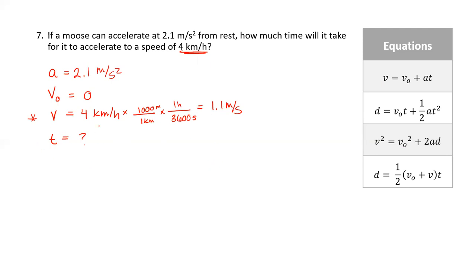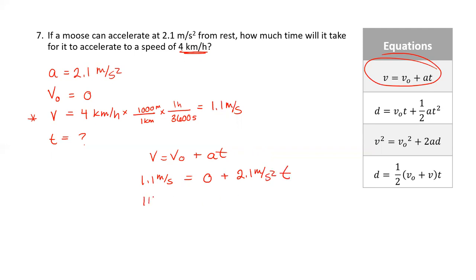So that's going to be our velocity that we use now. So now I need an equation that uses all this information and will allow me to find t, and the equation that we'll use is the very first one. Velocity equals v naught plus at. So velocity, the 1.1 meters per second, is equal to 0 plus an acceleration of 2.1 meters per second squared times time. 1.1 meters per second is equal to 2.1 meters per second squared times time, divide both sides by 2.1.